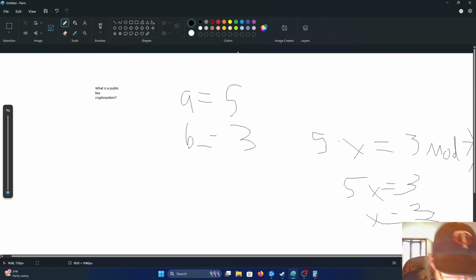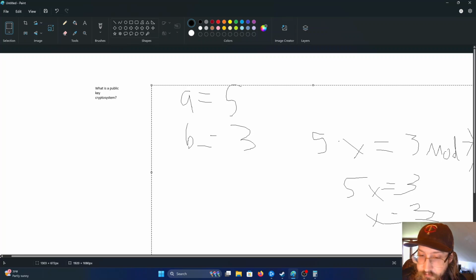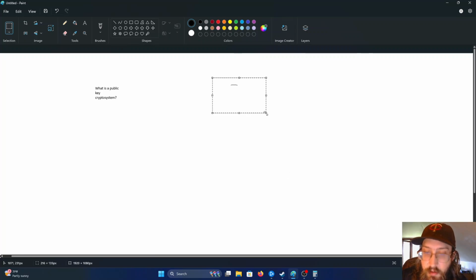Okay, we'll keep going. Luckily, it is very easy to test when such an equation has one, many, or no solutions. We simply compute the greatest common divisor, GCD, of a and n, i.e. GCD(a, n). So, for example, we have an example here, so let's use it.